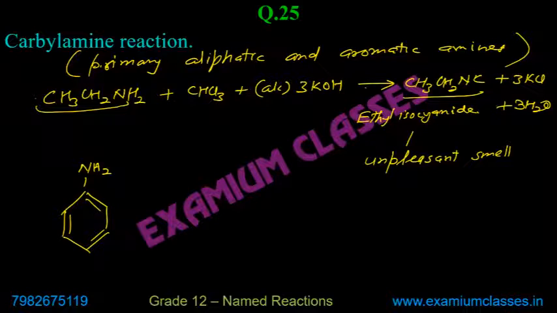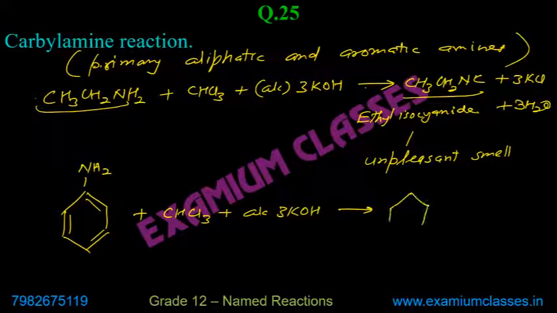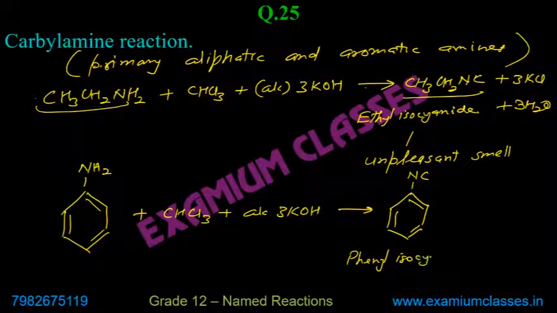In that case, NC will be formed on the benzene ring. Otherwise, the reaction is the same. CHCl3 plus alcoholic KOH will give you phenyl isocyanide plus 3KCl.